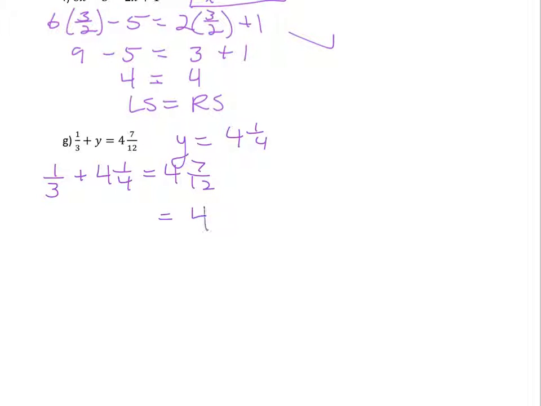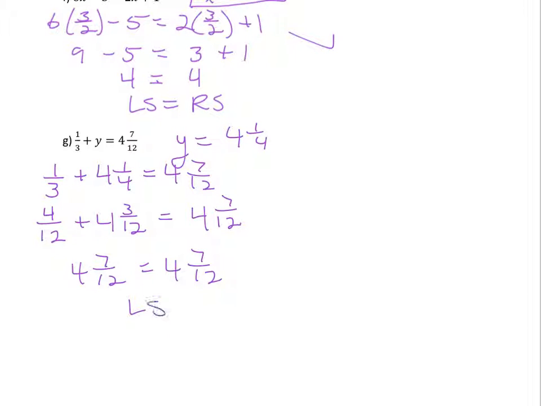Luckily, the right side is simplified, and the left side we're adding 1/3 to 4 1/4, so we need common denominators, which will be 12. So we'll have 4/12 plus 4 3/12, which gives us 4 7/12 equals 4 7/12. Left side equals the right side, so the solution that we got is correct.